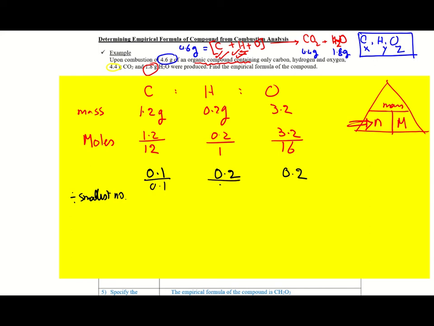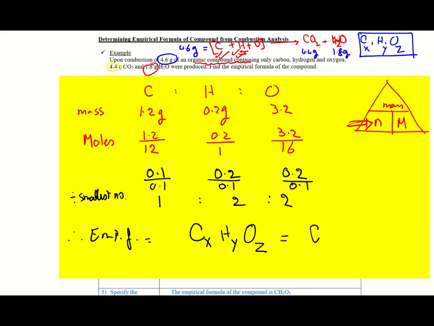So divide all numbers by 0.1: 1, 2, 2. So the empirical formula, CxHyOz as we wrote it before, is equal to C1H2O2. This is the final solution.